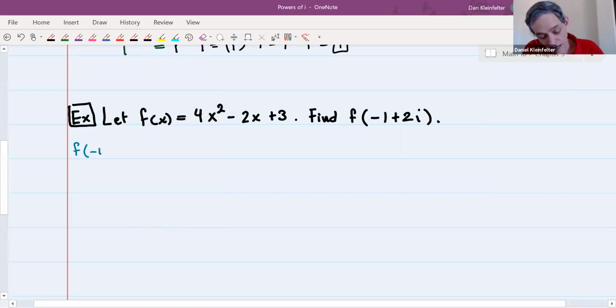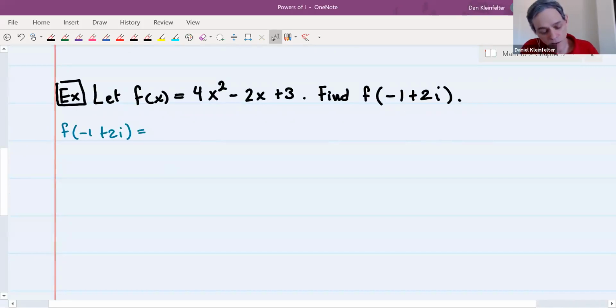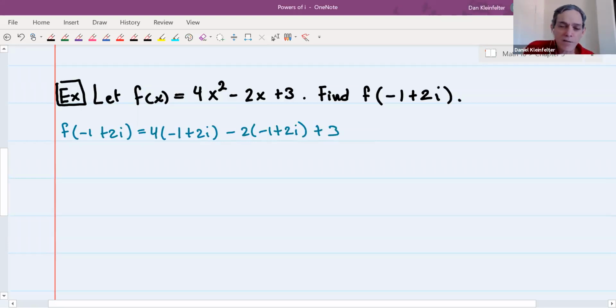So for f of negative 1 plus 2i, we're going to put the negative 1 plus 2i in place of all the x's. Okay, and this is a good way to practice all the skills with addition and multiplication of complex numbers that we just saw.